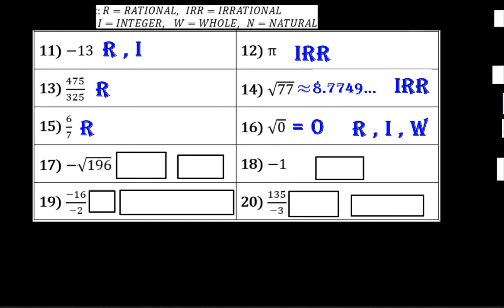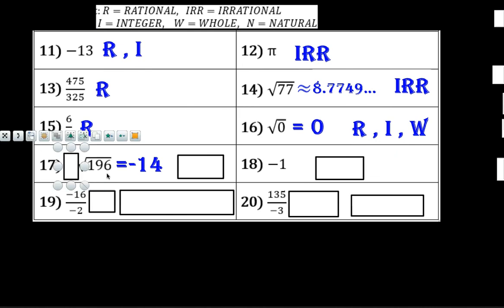Be very mindful when you are typing in your square roots, including a negative, make sure it is on the outside. And so what you can do first is you can say, well, I want to first evaluate the square root of 196, and you would say that is equal to 14, and then you would include the negative at the end.